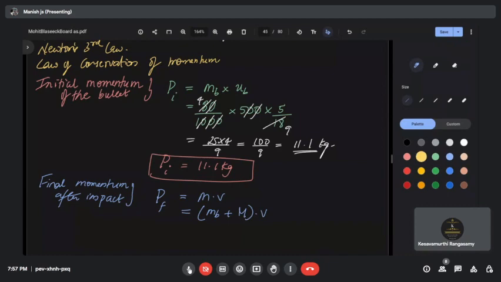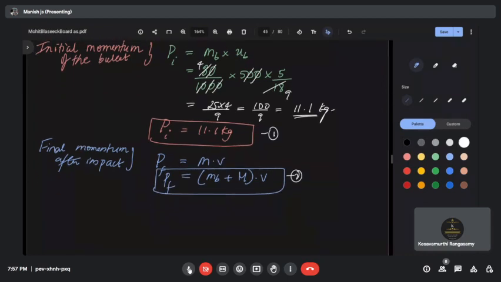All right. Now you need to find out the final velocity of the system, so you can equate both of them. Here we have two equations, the first equation and the second equation. According to the law of conservation of momentum, don't you think the total momentum before impact is equal to the total momentum after impact?